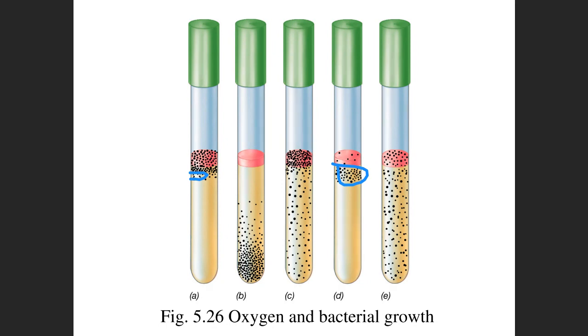So this is a facultative anaerobe. This bacteria can grow both ways. But here they use oxygen. Here it doesn't use oxygen. It's aerotolerant. So this bacteria tolerates the oxygen, but it doesn't use oxygen to grow. Okay, so these are the 5 major groups of microbes based on their needs for oxygen.